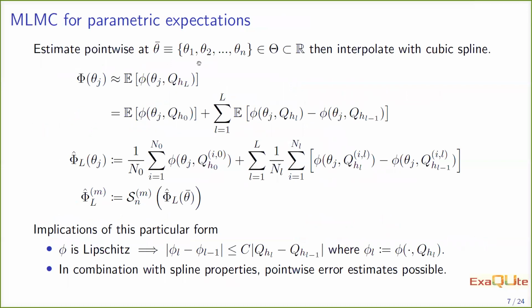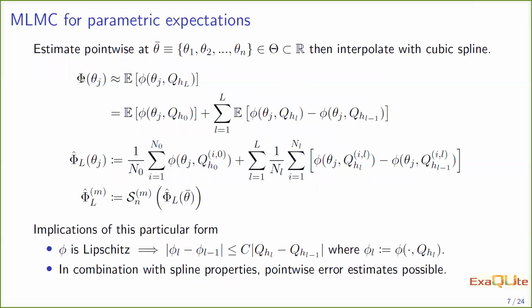How do you estimate this function using MLMC? Well, we propose estimating this function pointwise on a set of points theta 1 to theta n on this domain capital theta, and then we interpolate with the cubic spline.